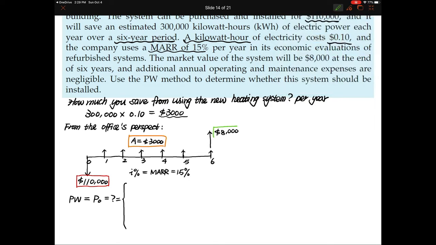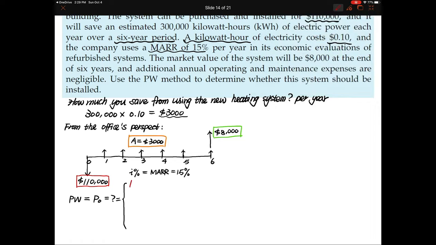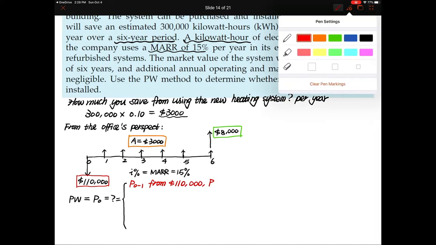You have the market value, the receiving in the future, the third part. Okay, so you do the same thing. You have P01, which is from the $110,000. It is the present value, okay?